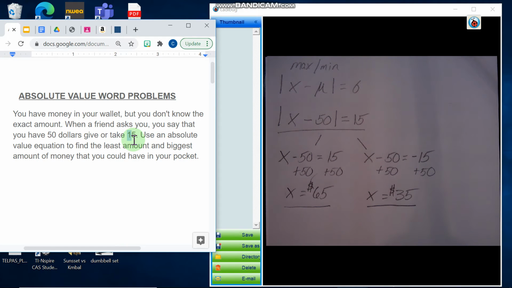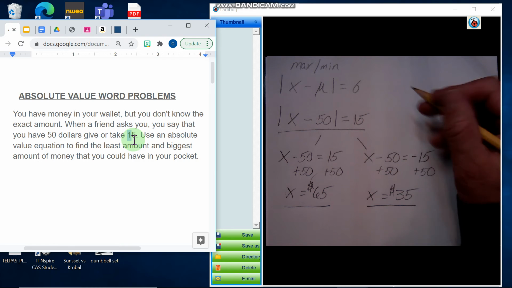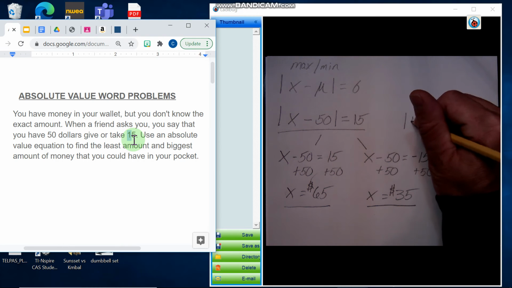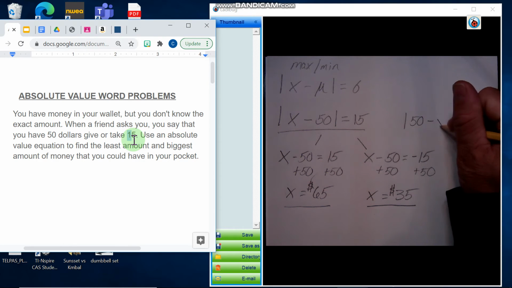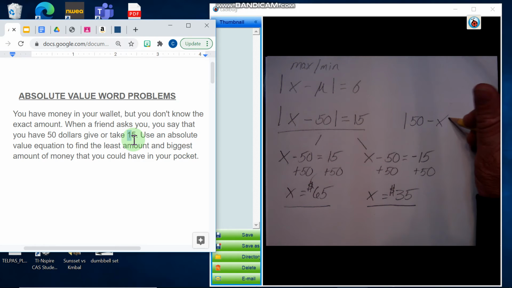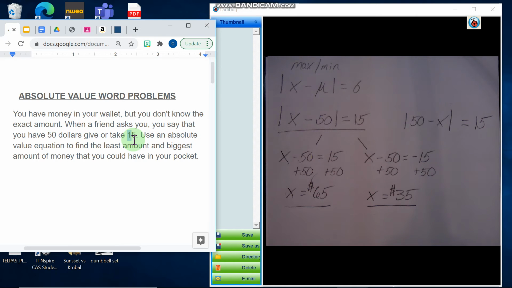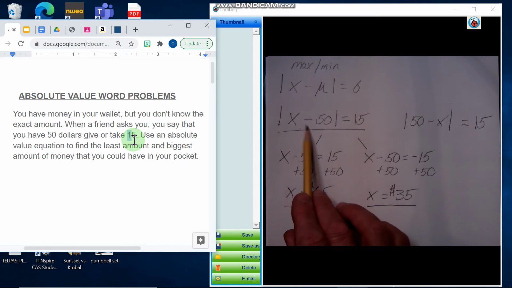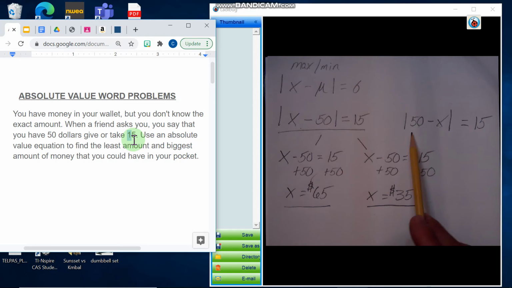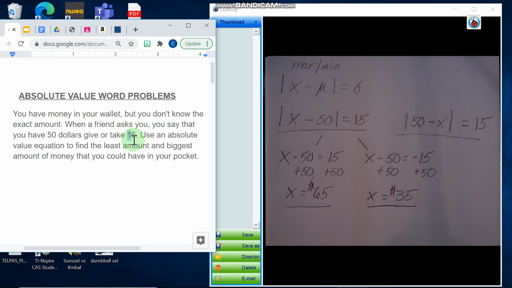Just a note, it is possible that you could see it written with the inside of the absolute value reversed. That's fine. That still works. It's absolute value, so it doesn't necessarily matter which order these are in. This is the more standard way to write it, but you might also see it like that.